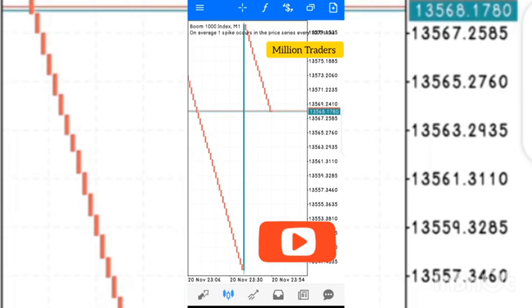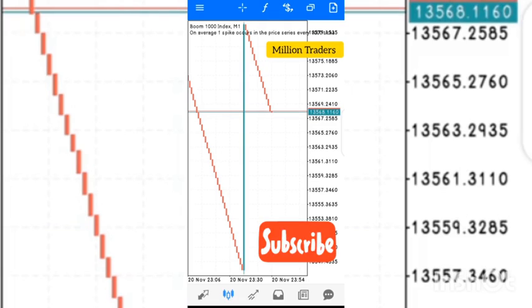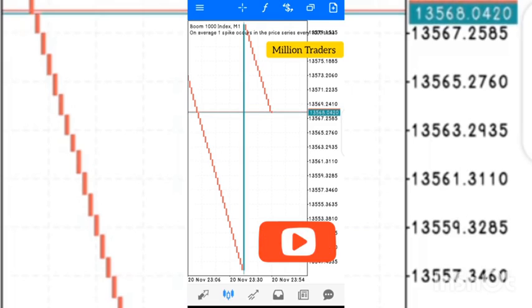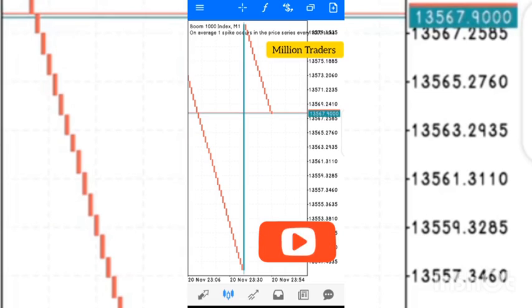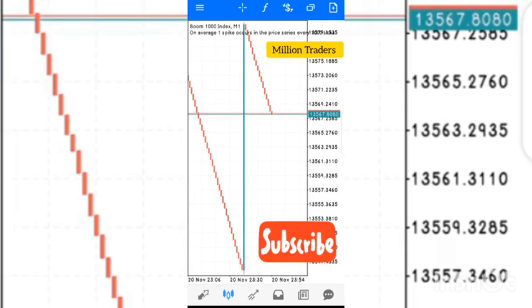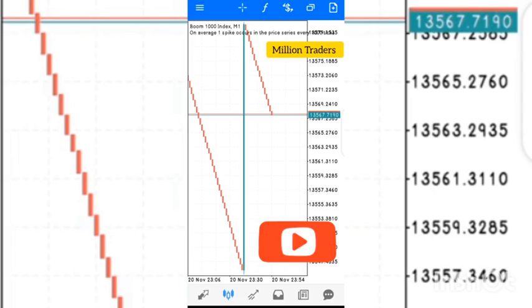Now, I'll talk about forex pairs. What are forex pairs? Like I told you, forex involves currency trading, whereby you can trade the euro against the US dollar, the US dollar against the Japanese yen.